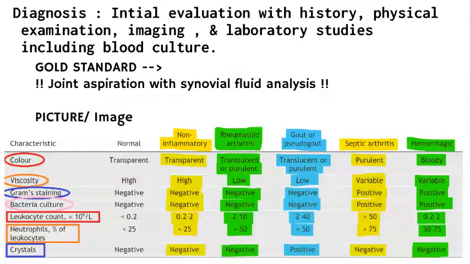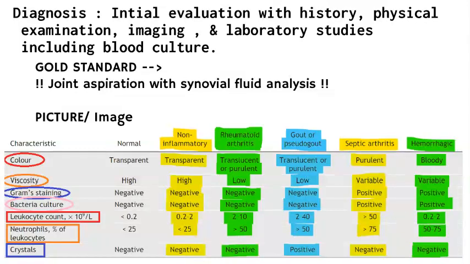The leukocyte count is around 2 to 10 times 10 to the power of 9 per liter and more neutrophils. For gout or pseudogout, the main difference is there is a positive crystal during aspiration.